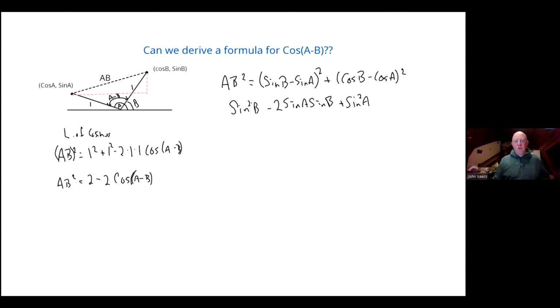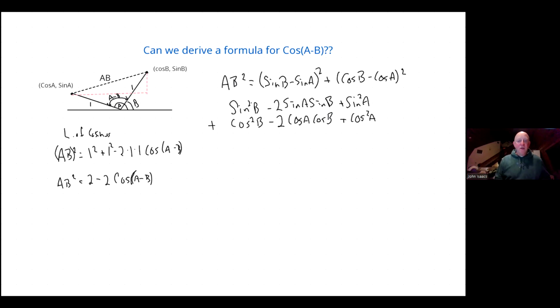I'm going to run out of room clearly, so I'm going to do the second statement right below it. Plus cosine squared B minus 2 cosine A cosine B plus cosine squared A. All right, so there's the second one multiplied out.